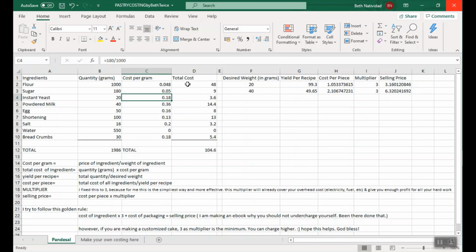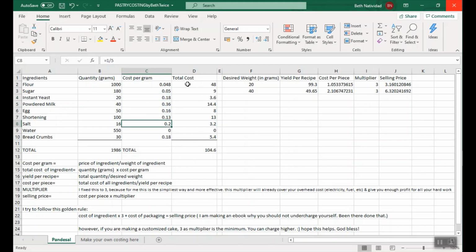You should always start with an equal sign. Equals, example, 90 siya per 500 grams. So, ganon. Doesn't have to be all naka 1 per 1,000 grams. Depende kung how much or ano yung weight ng ingredient na pagbili mo and magkano siya.